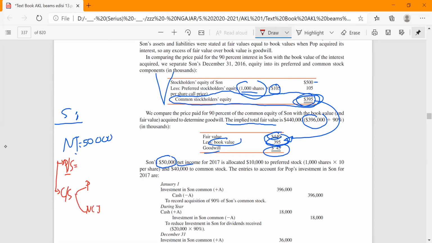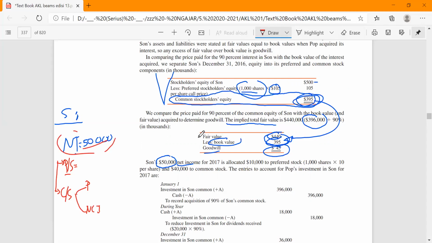You get it? So before we calculate how much of this amount has to be allocated to the parent company, firstly you have to allocate how much will be paid to the preferred stockholders.